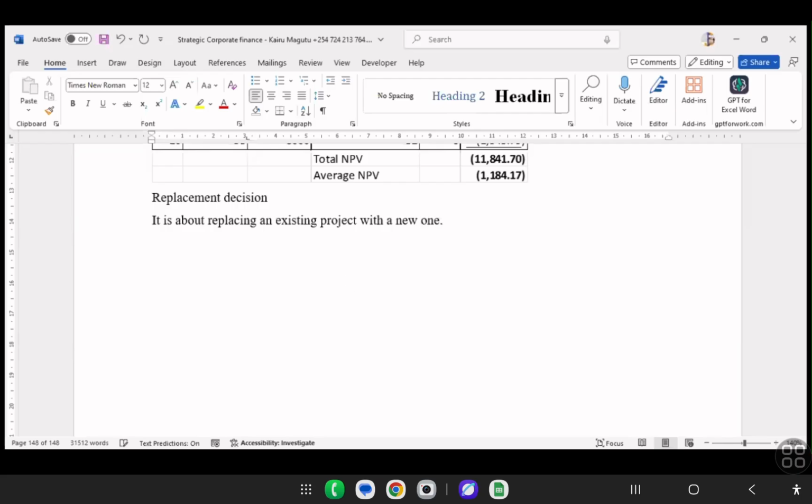So we say that this decision, the viability test is carried out through the cost-benefit analysis. The cost-benefit analysis.